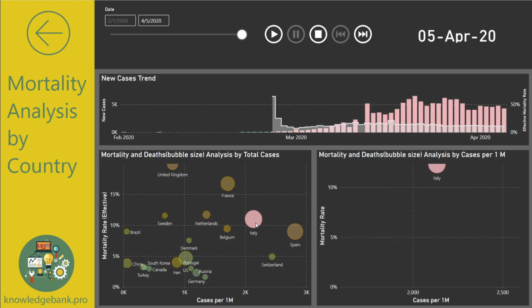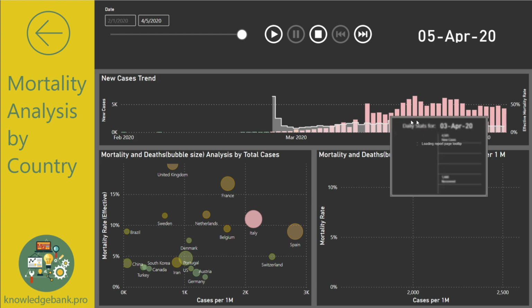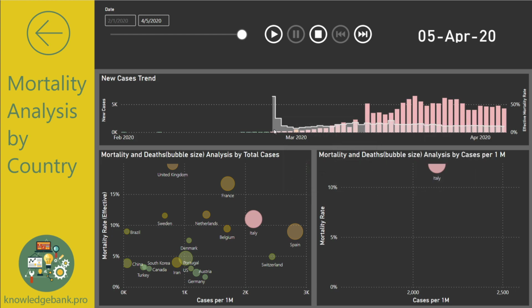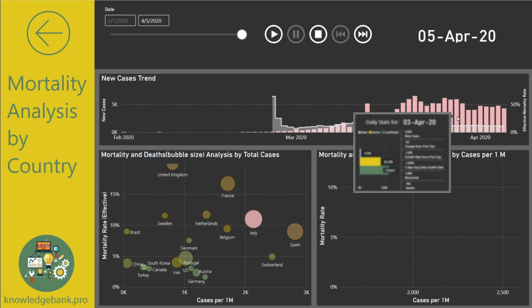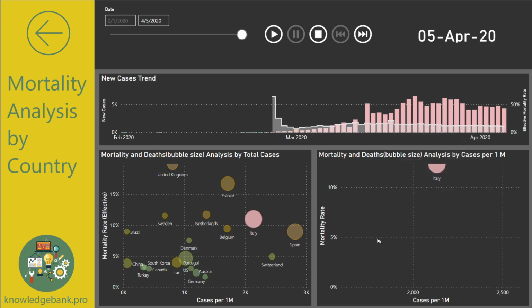You can click on Italy, and you can see that in Italy, again, mortality was very high. This bar is colored by overall mortality and effective mortality, and you can see that mortality was consistently very high in Italy. So we're not seeing the mortality number being affected rapidly by the number of cases coming in, right?